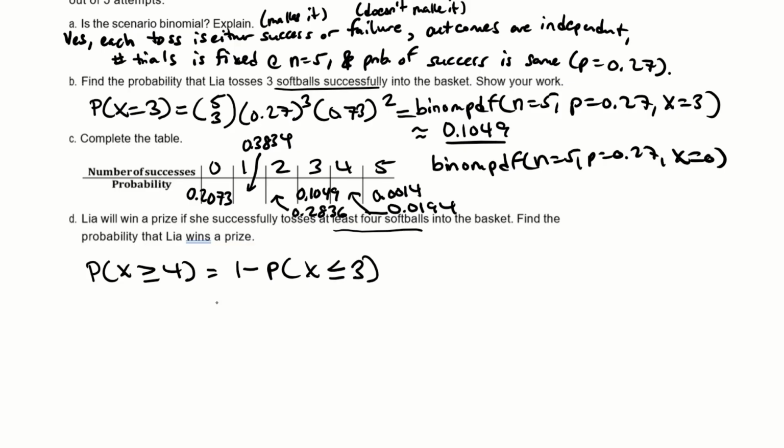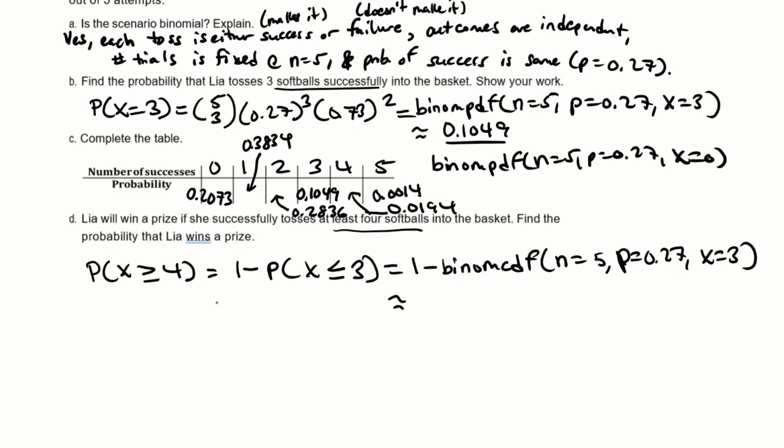So this becomes 1 minus binomial CDF of n equal to 5 attempts, and then the probability of success is 0.27, and then x equal to 3. So we get 0.0208 for the probability.